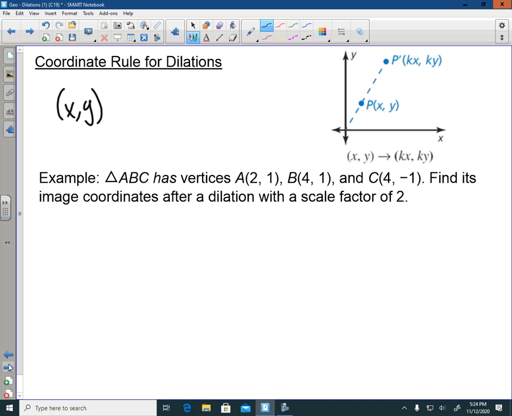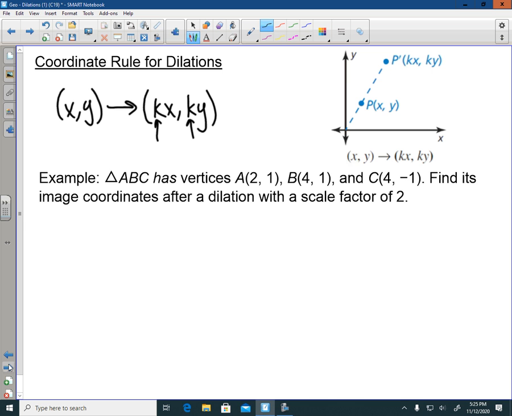For every xy point, you're going to change it by the scale factor. So if you have a point, all you need to do is take each x and y value and multiply it by the scale factor to get your dilated new point.